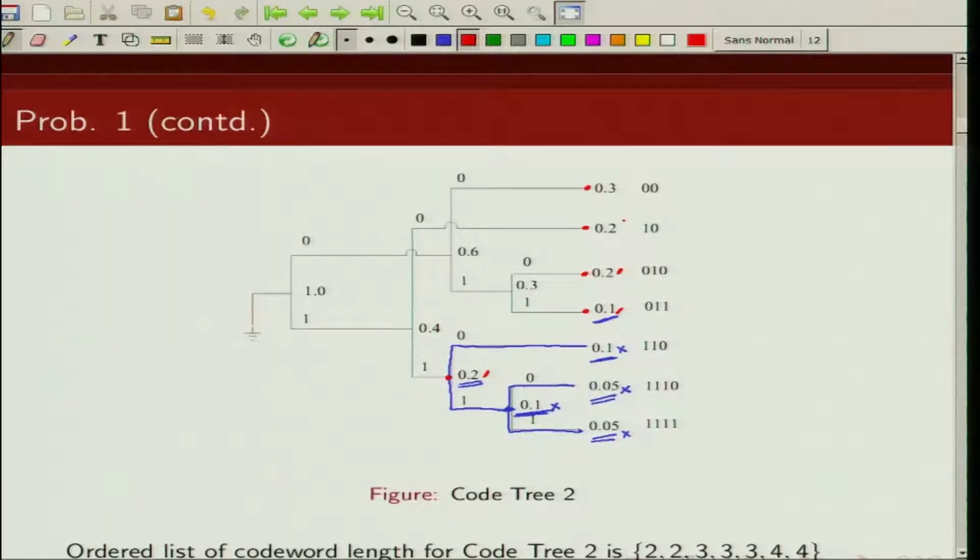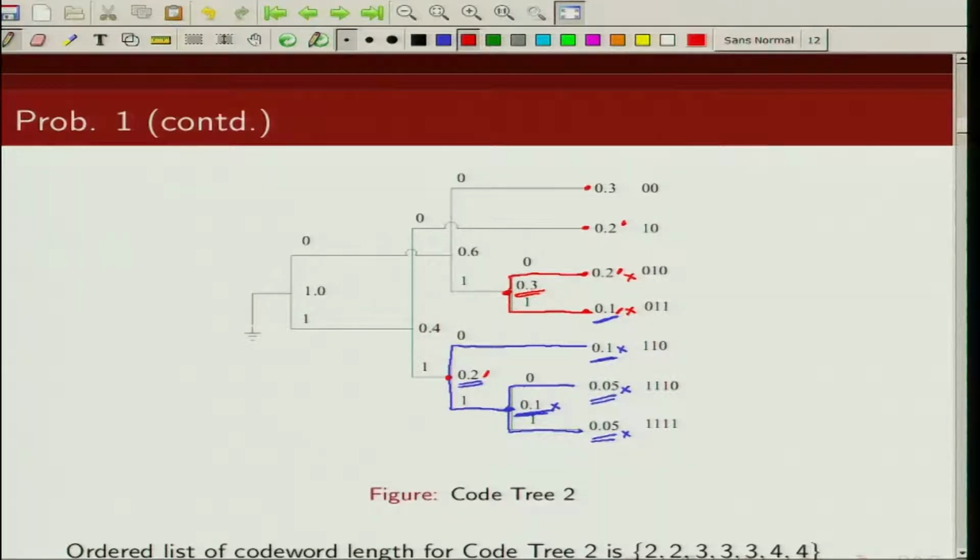So we have to combine this leaf which has probability 0.1 with any of these nodes which has probability 0.2. So let's say we combine these two, we get a new node which has probability 0.3, and we deactivate these two.